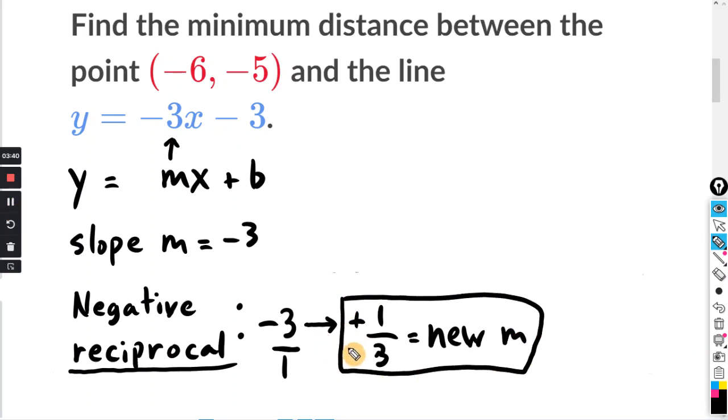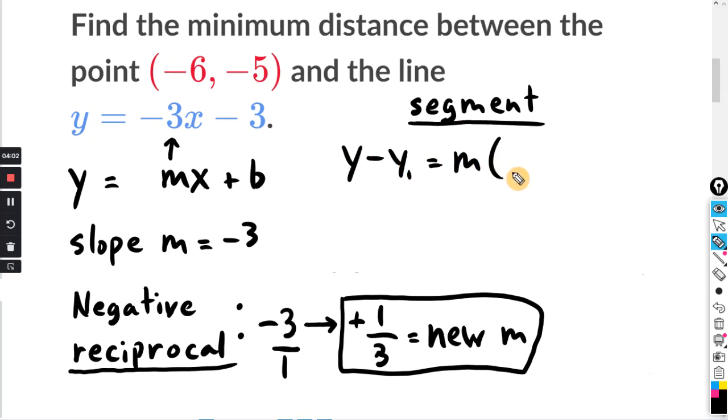So we need to write an equation for the segment that connects the two, that little line segment. I'll use point slope form at first and then just distribute. That's going to be y minus y1 equals m times x minus x1. The segment's going to pass through this point, so we can call this x1 and y1.